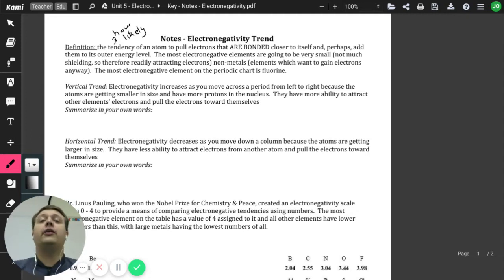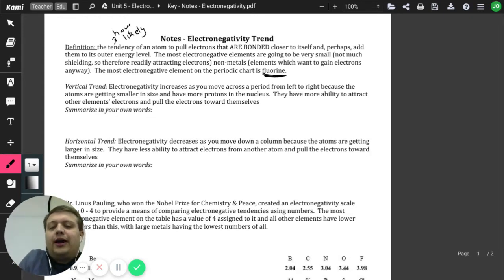Fluorine is going to be the highest electronegative element on the periodic table because it is closest to the top. It's also got the most protons in comparison to everything else on that row, which means it's also going to be the strongest because of its high Zeff, that effective nuclear charge. So the most electronegative element is, again, fluorine.